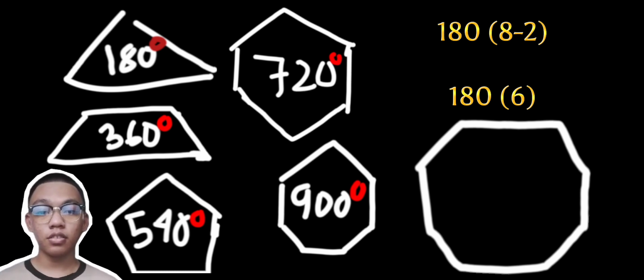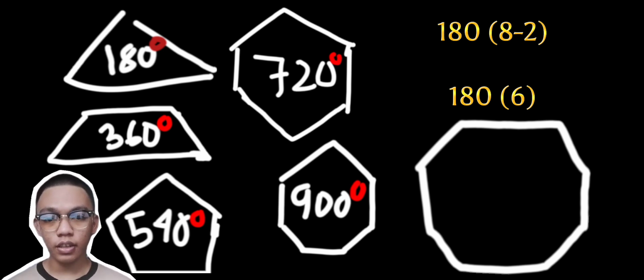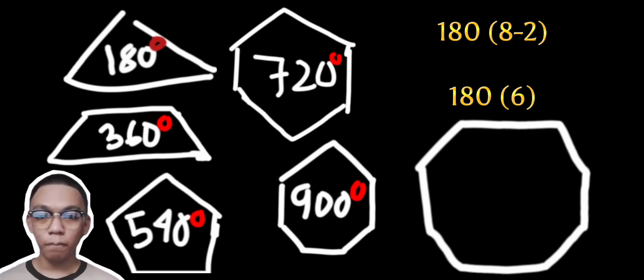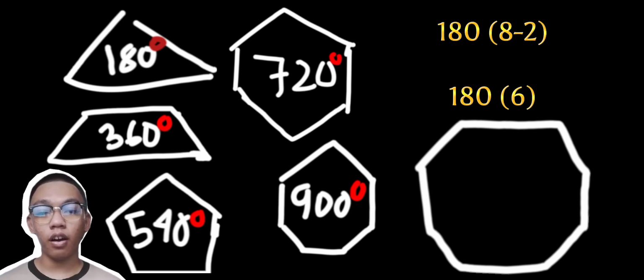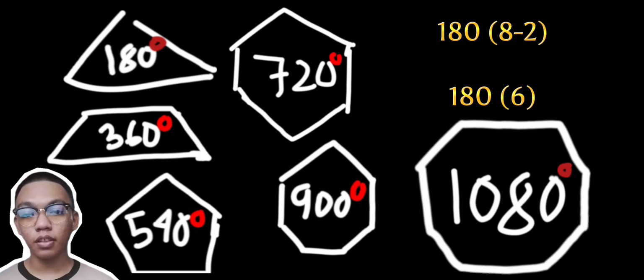So that's going to be the sum of all the interior angles for a hexagon. And then if you add 180 to 720, that's going to be 900. So for a heptagon, yes, it is 900 degrees. And for an octagon, it's going to be 1080, and you could confirm it.